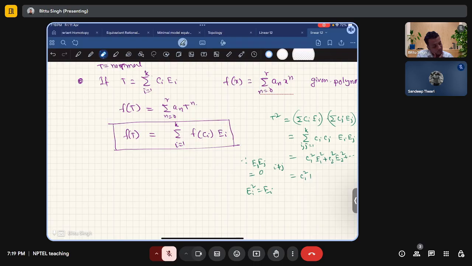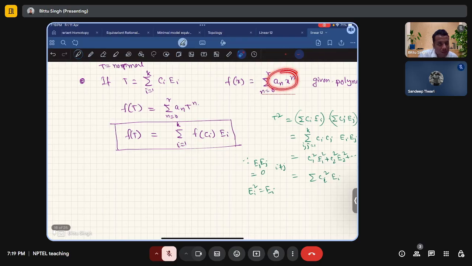So this can be written as the sum of ci square ei, and you can see that applying square is the same as just taking the square of those coefficients. In general, applying any polynomial is the same as applying the polynomial on the coefficients.